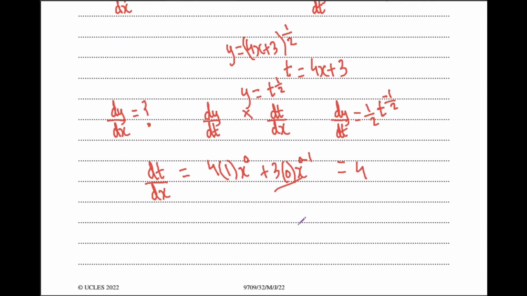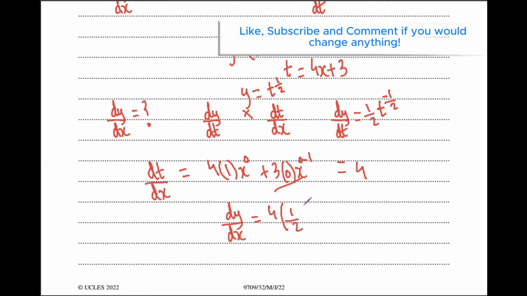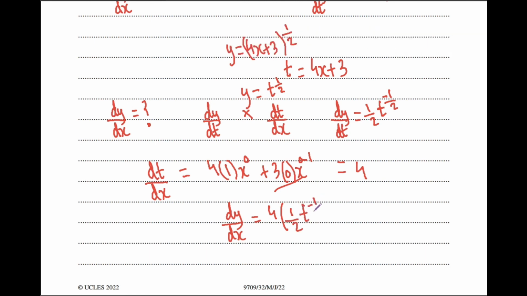Well, now we know what to do. dy by dx is dy by dt times dt by dx. So we have dy by dx is equal to 4 times, and we just did dt by dx times dy by dt, which is the same thing. You change the order around. And dy by dt is a half t to the negative a half.